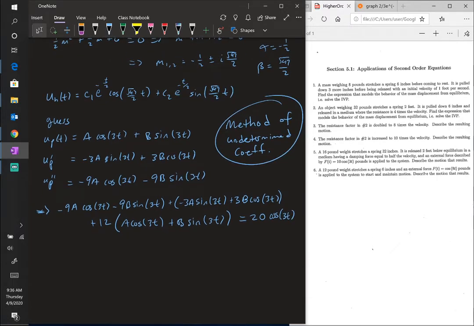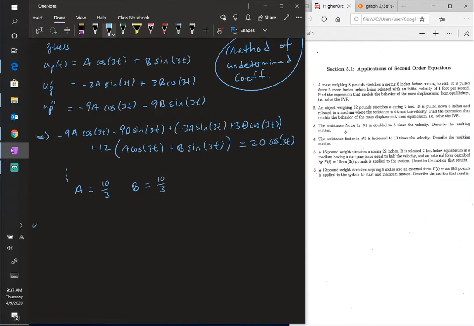And from there, we find out, eventually, after doing all the work, that a is 10/3 and b is also 10/3.